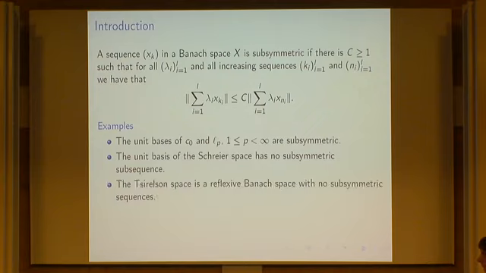And the most famous space which has no subsymmetric sequences is the Schlumprecht-type space of Tsirelson, which is a separable, reflexive Banach space with no subsymmetric sequences. It was actually constructed in order to get an example of a Banach space with no copies of ℓp. In order to get rid of the ℓp, you actually get rid of the subsymmetric sequences.